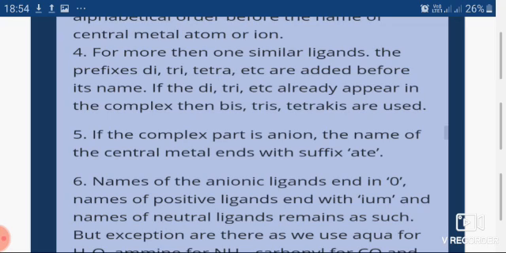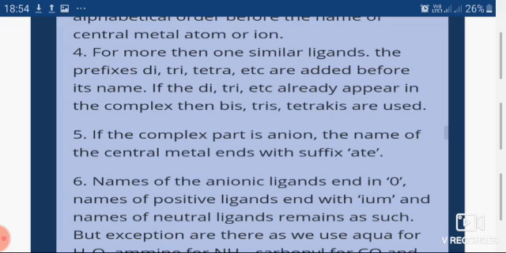It means if your complex contains two or more same ligands, at that time we must use di, tri, tetra prefixes. For example, if two amino groups are present in the same complex, we say it as diamino.